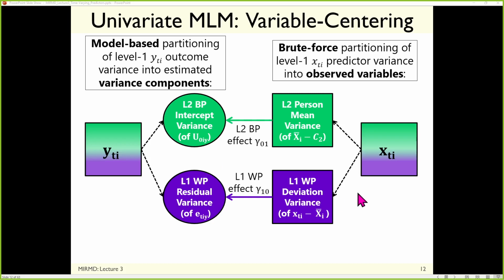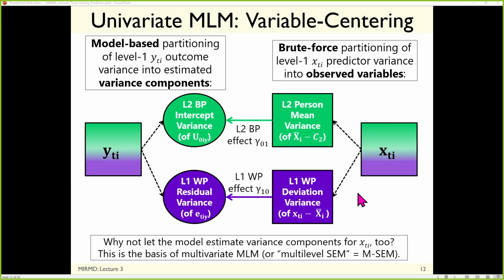Now you might be looking at this and going, wait a minute, why do we have circles on one side and boxes on the other? That seems kind of arbitrary. And yeah, it is. Circles are the idea of model-estimated variance components. The centering process that we used is the brute force way to accomplish that same thing. So person mean x is meant to represent the random intercept of x.